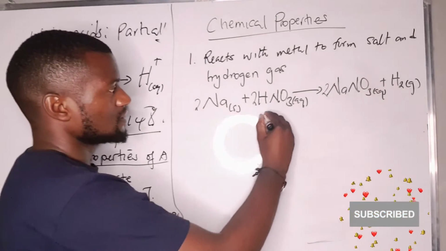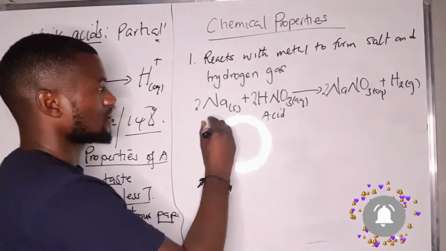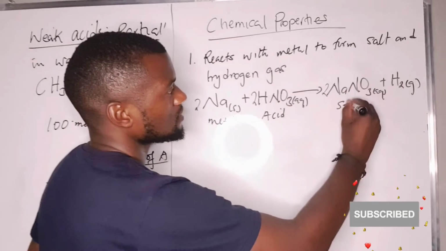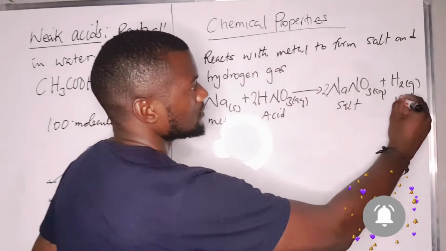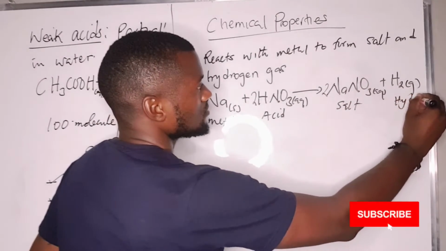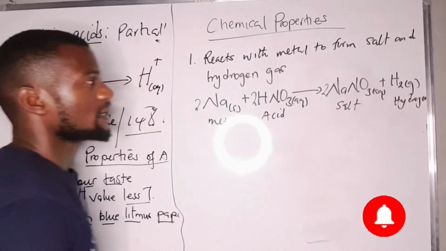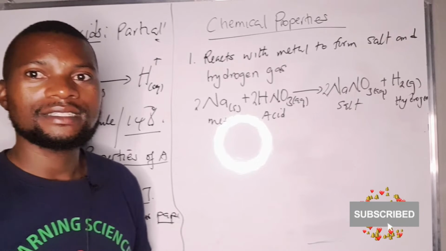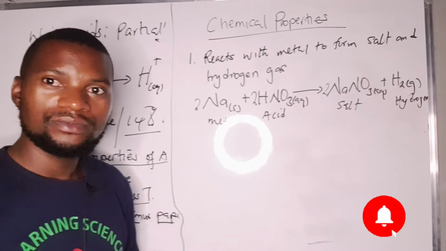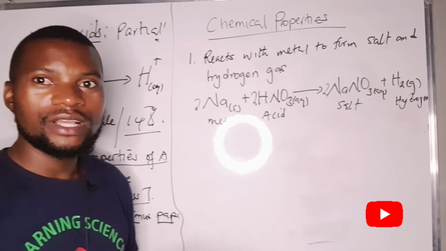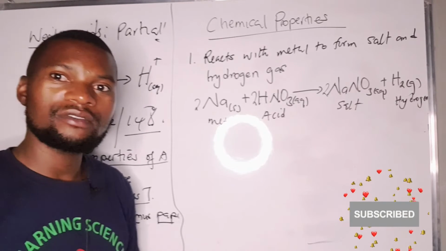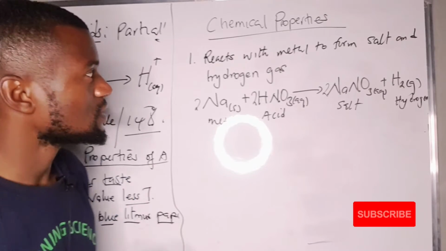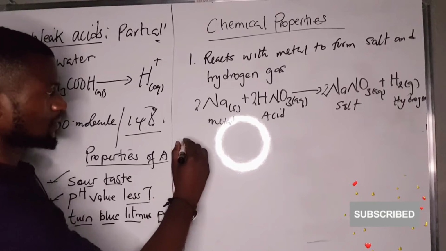This is an acid, which is nitric acid, and we have a metal there giving us salt and hydrogen gas. Again, if for instance HCl, which is hydrochloric acid, reacts with a metal, for instance magnesium, we are going to have magnesium chloride, which is a salt, and hydrogen gas. So this is one of the chemical properties.